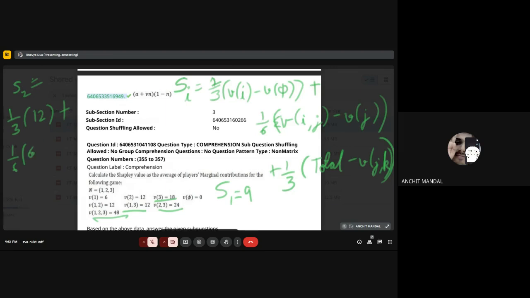V of 2 comma 3 is 24, out of which 3 contributes 18, so this becomes another 6. 24 minus 18, plus 1/3 of the total, which is 48, minus 1 comma 3, which is 12. 48 minus 12 is 36. And we get the final answer as 4 plus 2 plus 12.